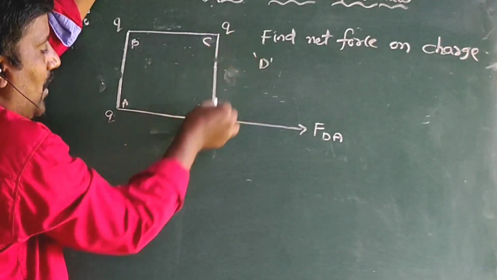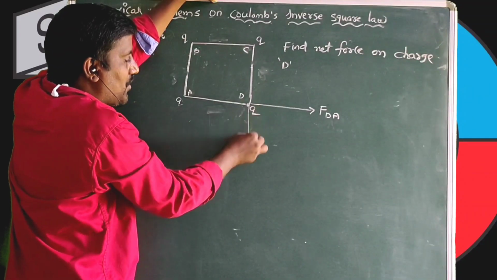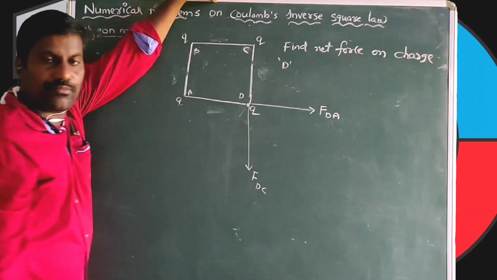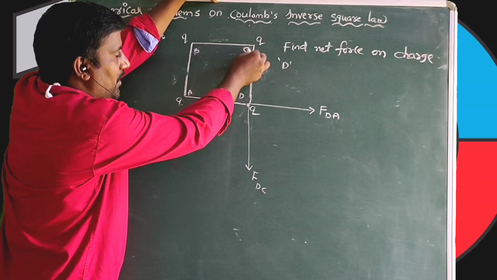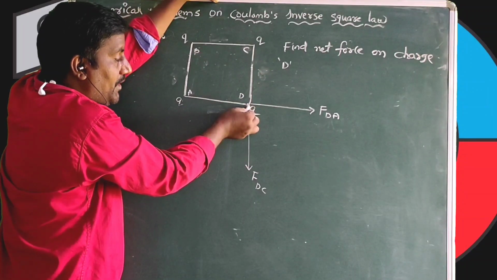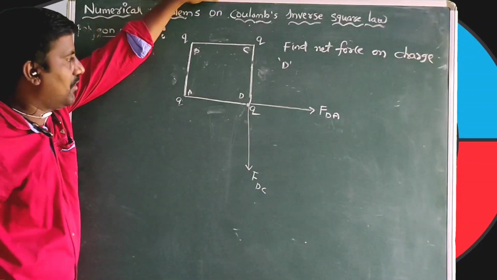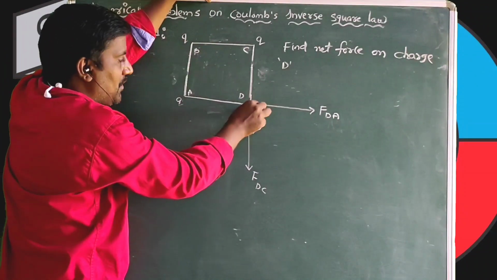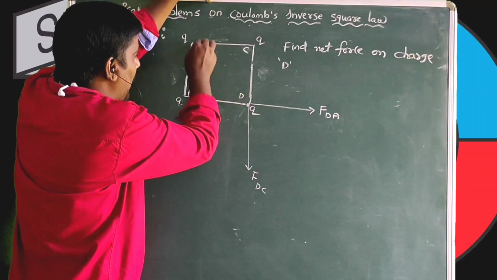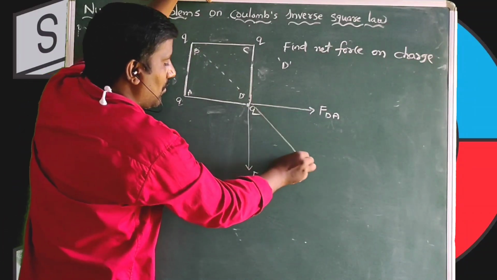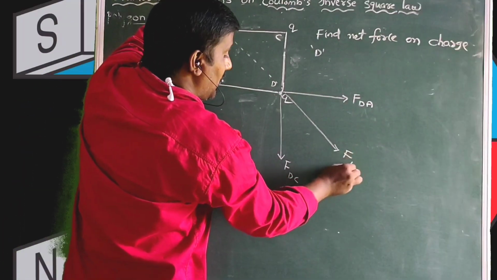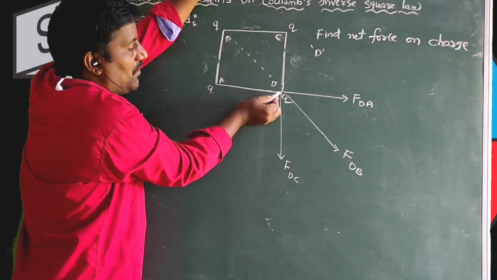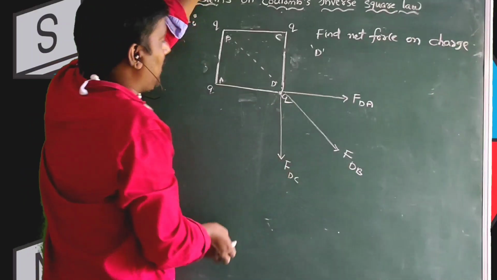The force on charge D due to charge C is acting along this one, this is FDC. In the same way, due to charge B, the force on D is acting along this one, this is FDB.